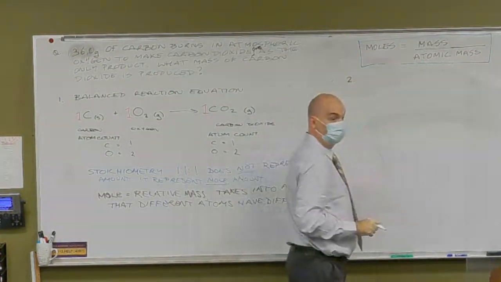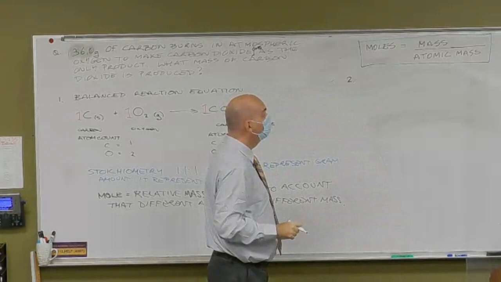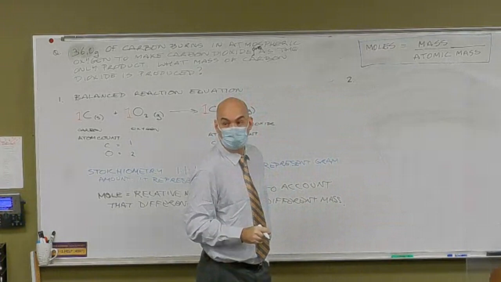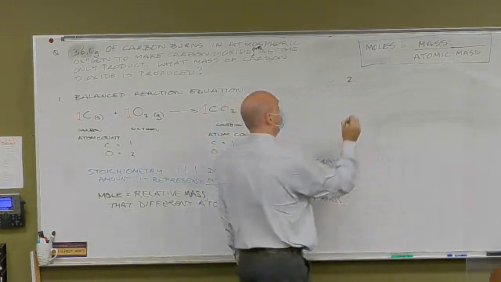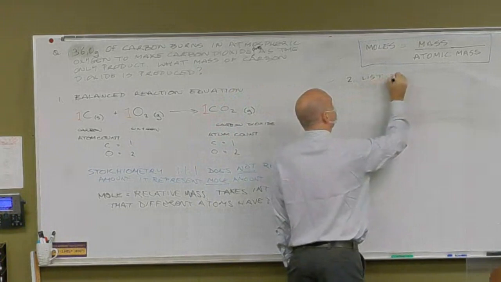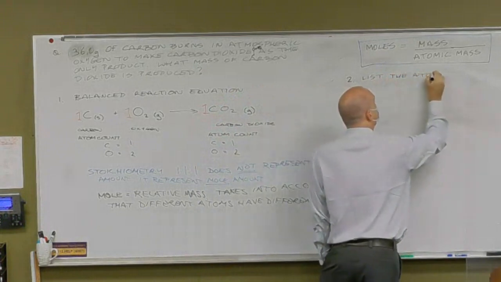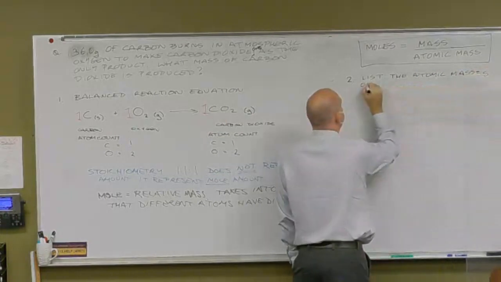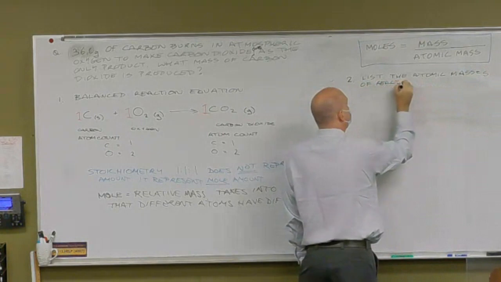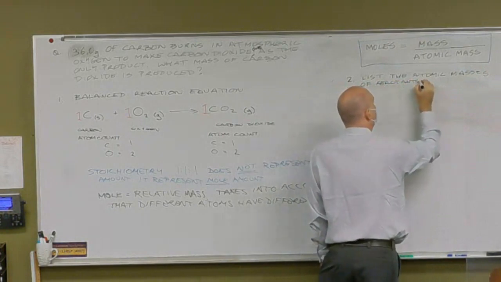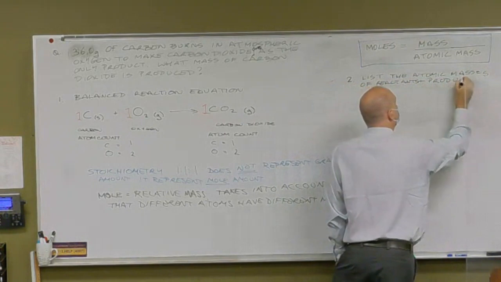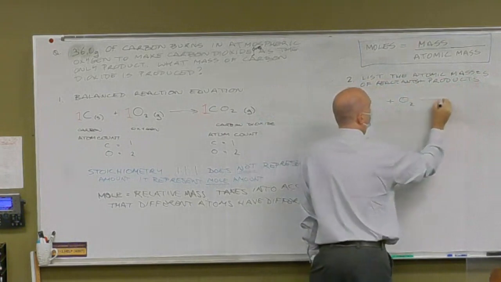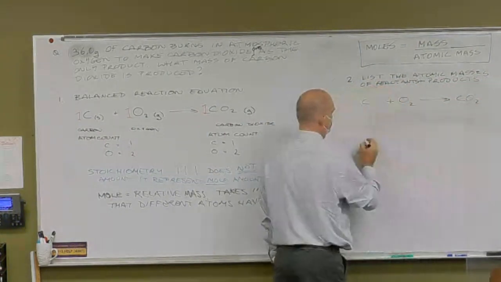So here's step two. Step two is find the atomic masses of all of the reactants and products. I have carbon plus oxygen making carbon dioxide.